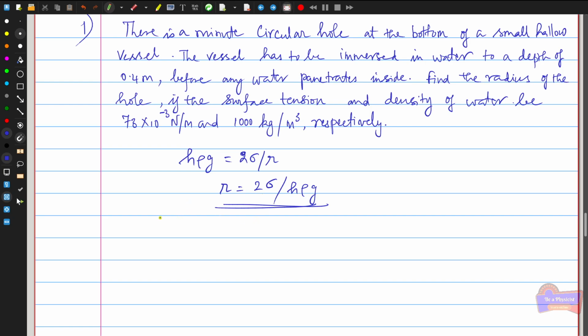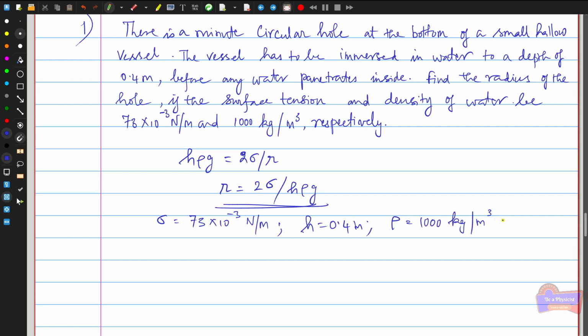Here, sigma is equal to 73 into 10 power minus 3 Newton per meter, that means the surface tension of water. Similarly, h is given as 0.4 meters, and the density rho is equal to 1000 kilogram per meter cube.